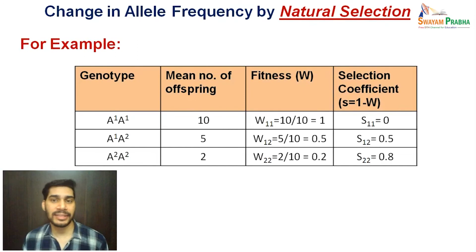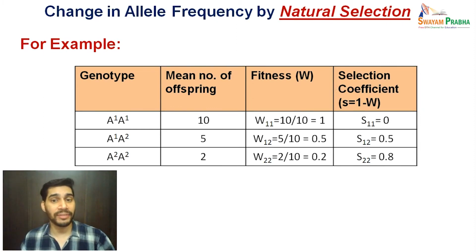Now let us understand this with an example. Let's say there are three genotypes A1A1, A1A2 and A2A2, and the mean number of offspring that they have is 10, 5 and 2. So let us try to understand what we mean by the fitness and selection coefficient in that. Fitness is given by the mean offspring divided by the maximum offspring produced by a particular genotype.